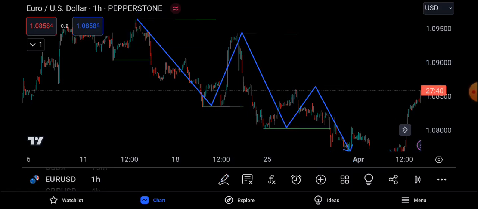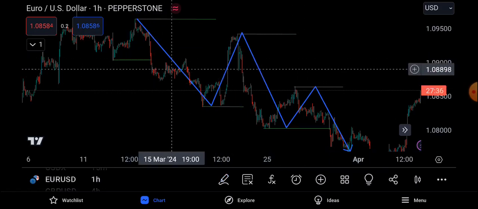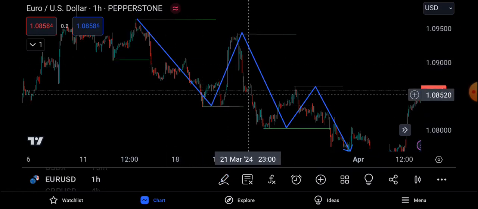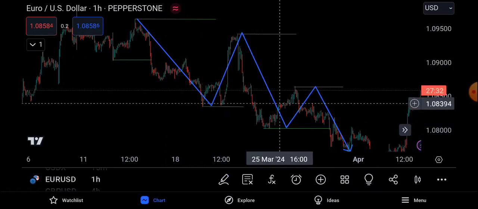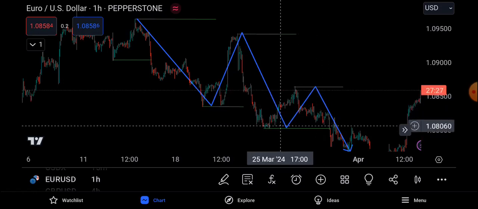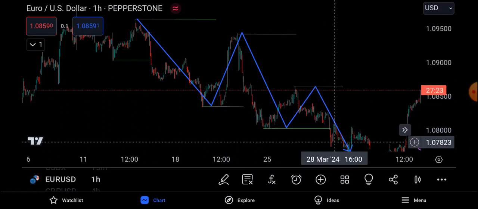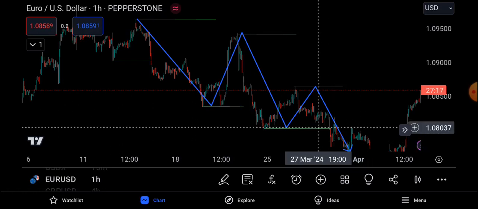So that is 4 hour structure. And within that 4 hour structure, what do we have? We have internal structure, which is right there. All of this is internal structure. So every time we break below this, we've broken external structure, creating a larger time frame lower low or higher high, or yeah, you get where I'm going with this.